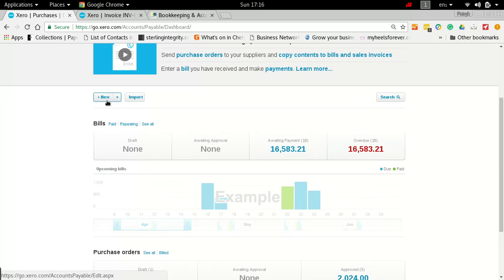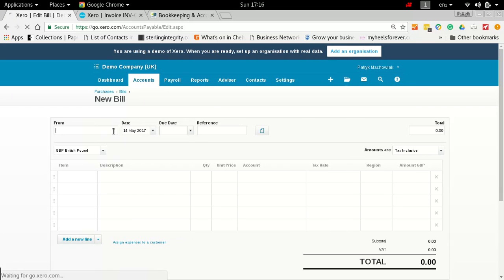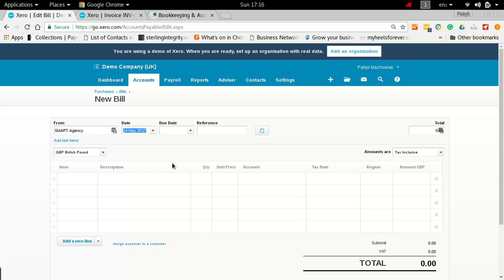We're going to enter a new bill which we received from Smart Agency, although the name is wrong, but it doesn't matter. It's not an agency, it's one builder. Let's assume this is just one builder, and we need to pay that today as well, or whenever.